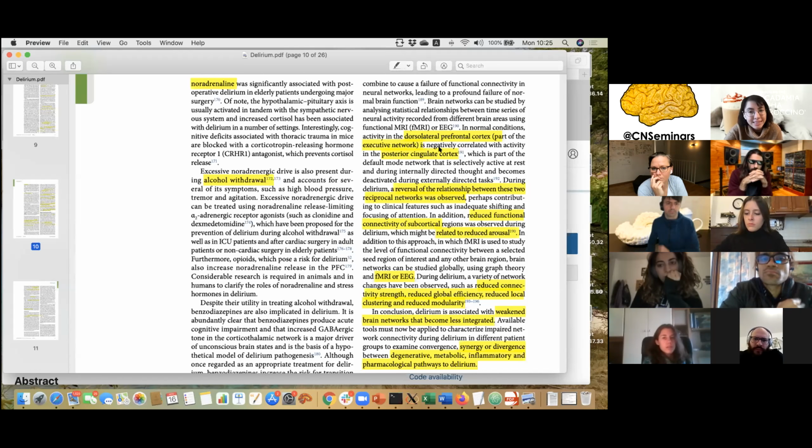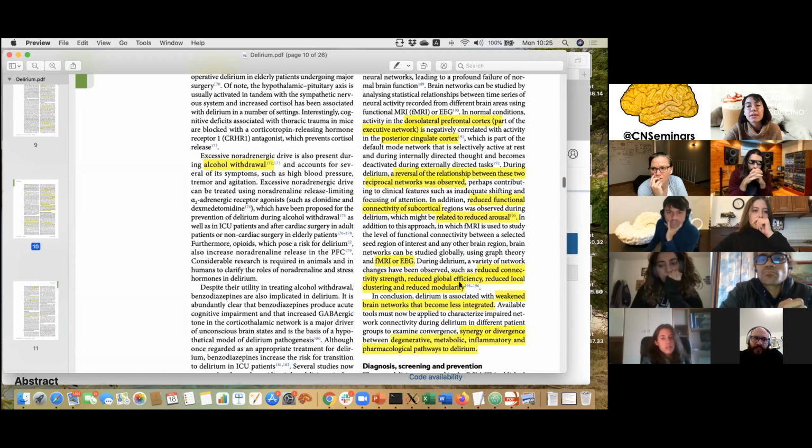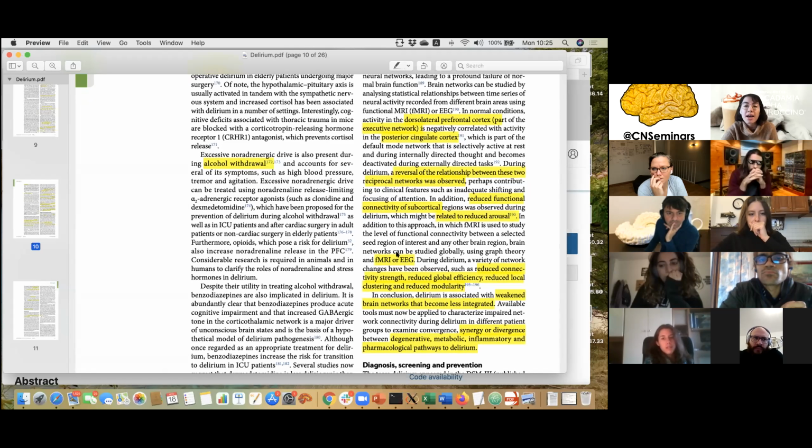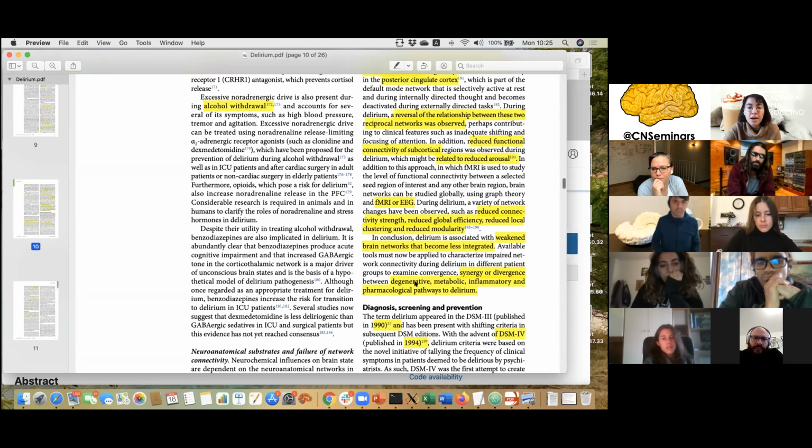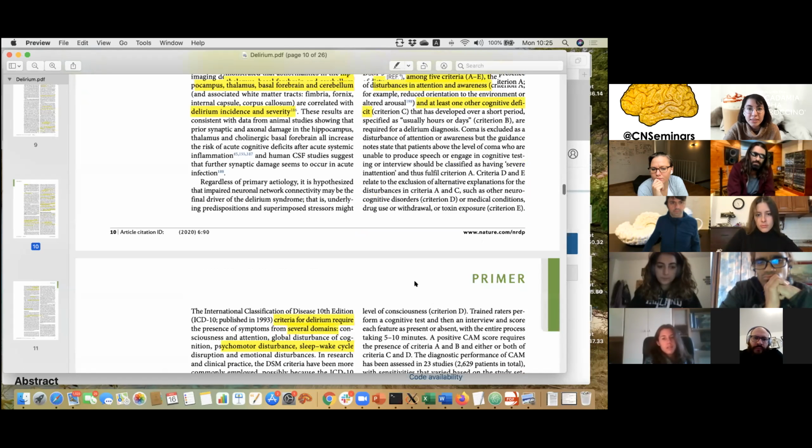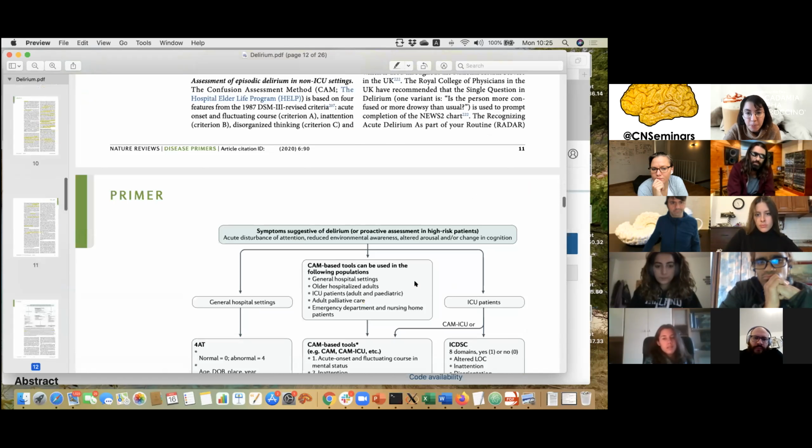Usually they are negatively correlated, and in the presence of delirium, this relationship is inverted. And also using graph measures in fMRI and EEG, functional connectivity matrices, you have variations of the graph measures, so reduced connectivity strength, reduced global efficiency, and reduced local clustering and modularity. So a different functional connectivity according to these conditions.